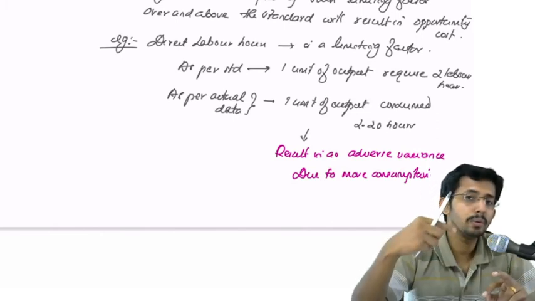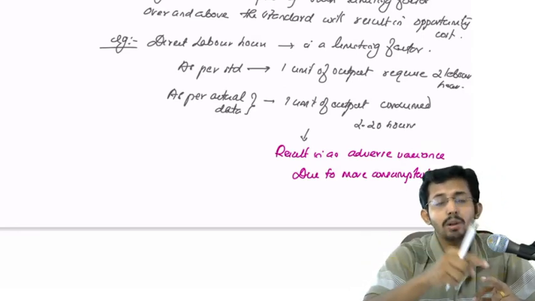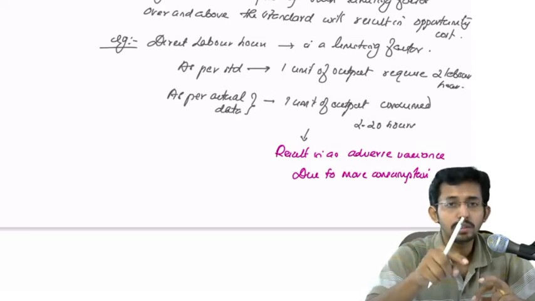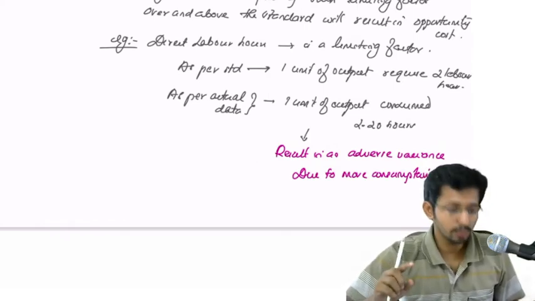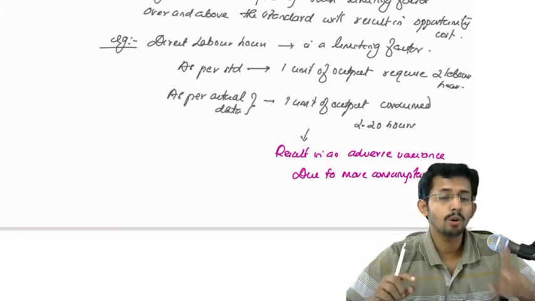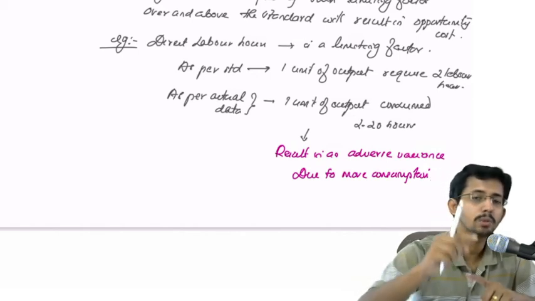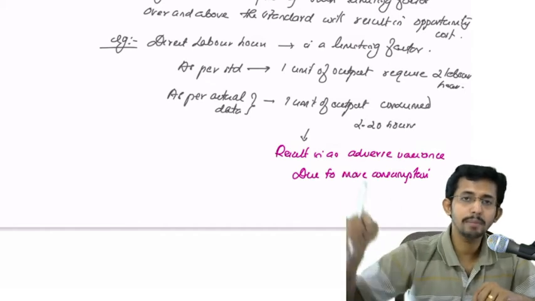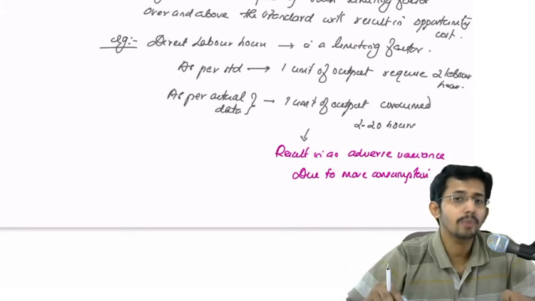So when you consume 1000 hours in excess, you are not able to use that 1000 hours for productive production. Based on the standard, this 1000 hours divided by 2 will give you 500 outputs. Now due to your excess consumption, you are not able to get that 500 output, due to which your sales have been reduced, because you cannot produce it, you cannot sell it, so there is loss of contribution.